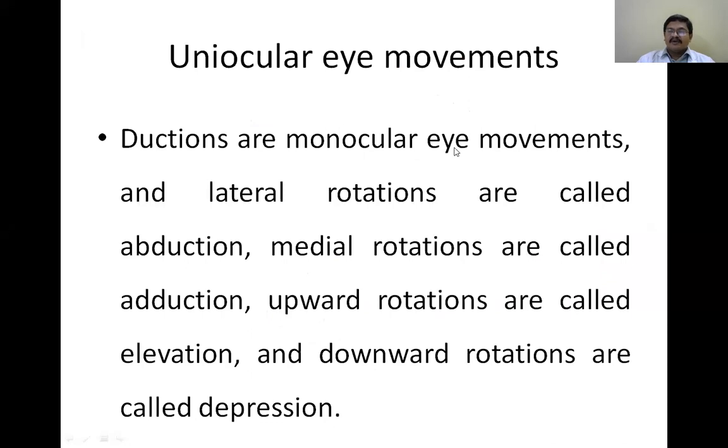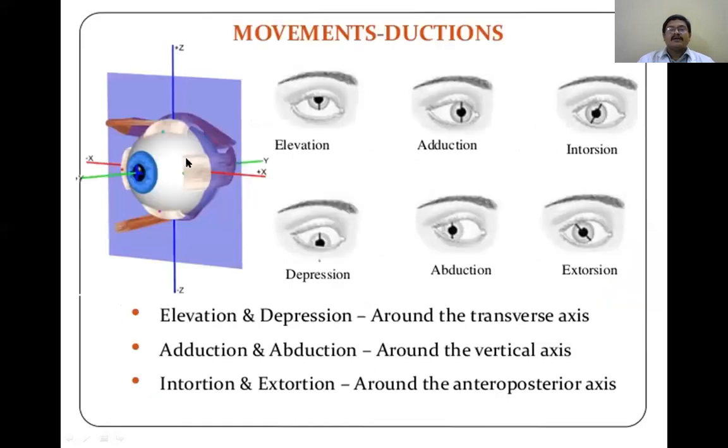The uniocular movements are called ductions. The ductions are the monocular movements of the eyes. Lateral rotation is called abduction, medial is called adduction, upward is elevation, downward is depression, and the other ones are intorsion and extorsion. The elevation and depression occur around a transverse axis. The abduction and adduction occur around a vertical axis.